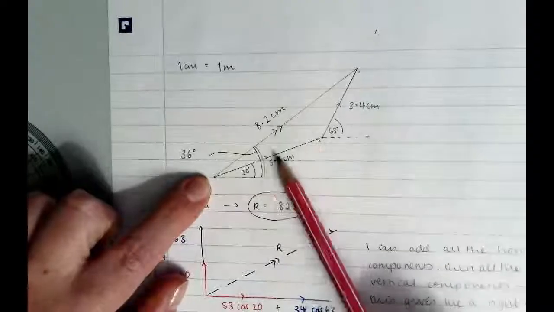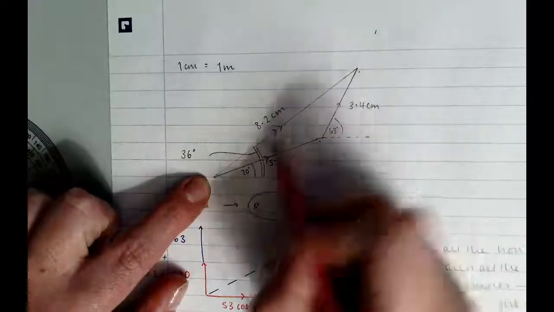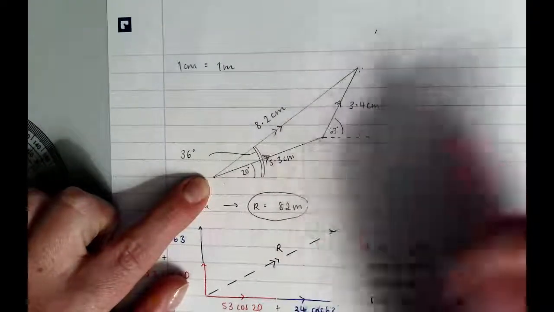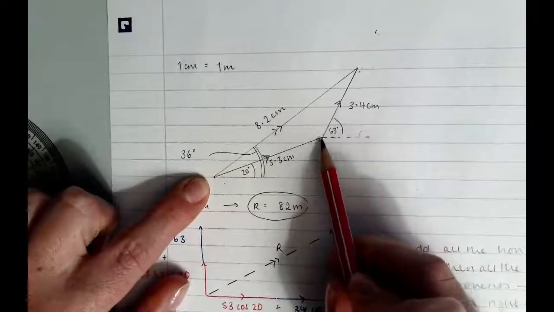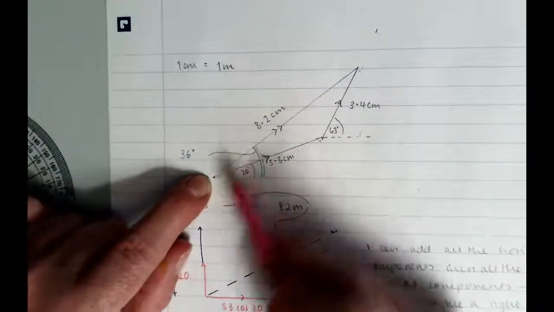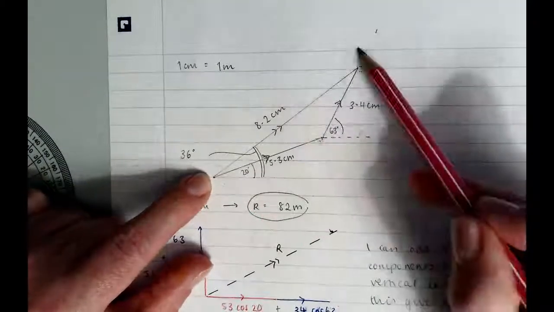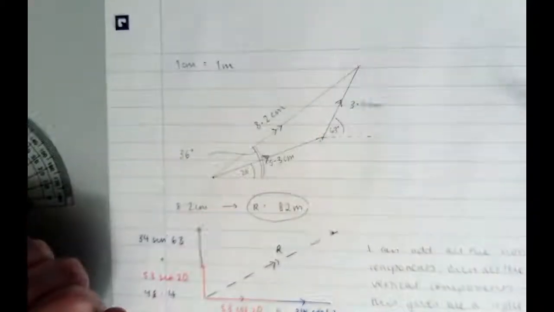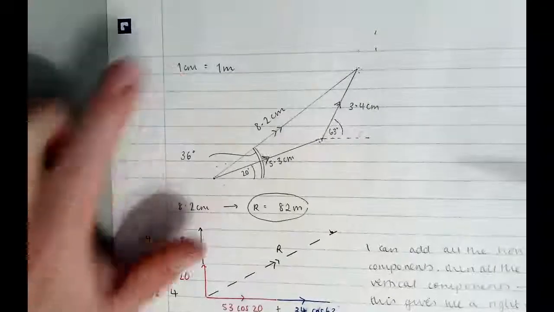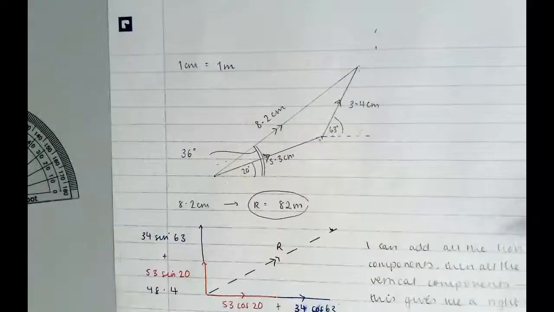So my vector is pointing up this way and it's pointing up this way, so I've got a head and a tail meeting. Therefore I close my triangle to find the resultant. I measured this, it was 8.2 centimetres, therefore using my scale I have 82 metres.